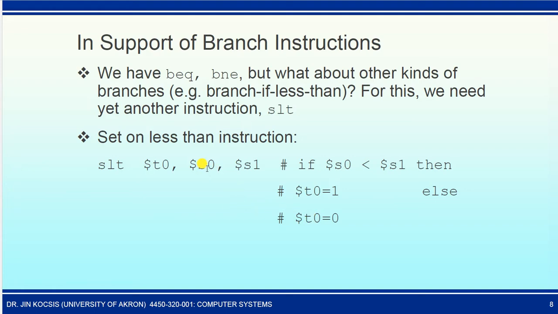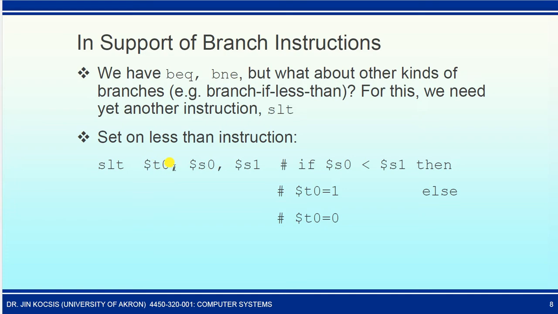Say one more time, if the first source operand is less than the second source operand, then the destination operand will be equal to 1.